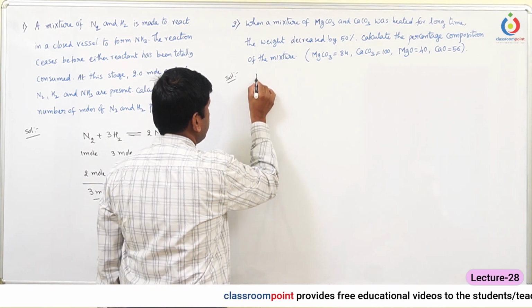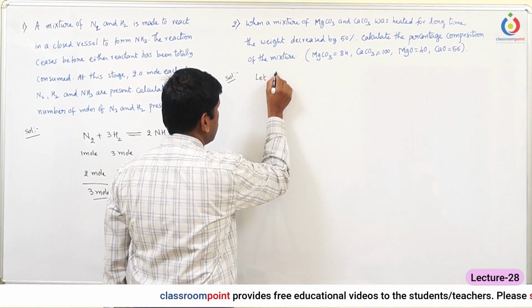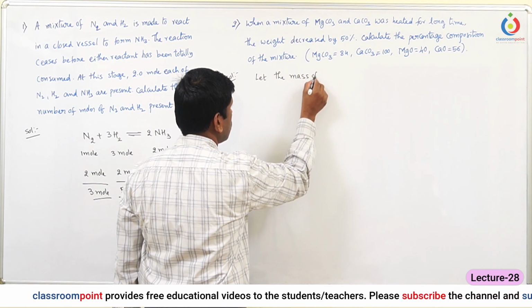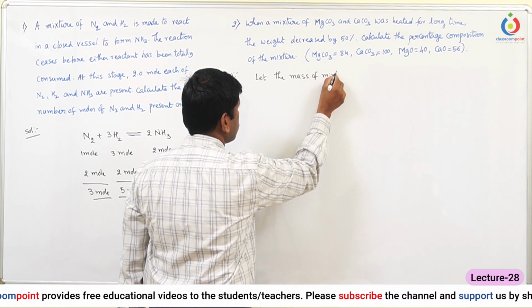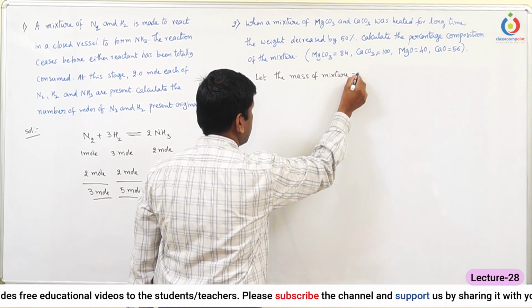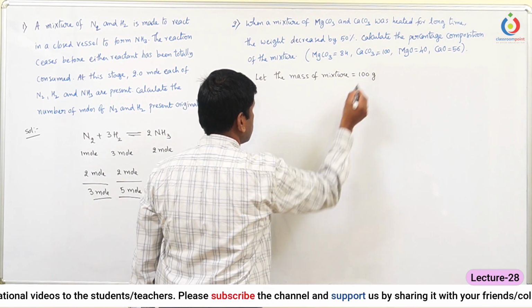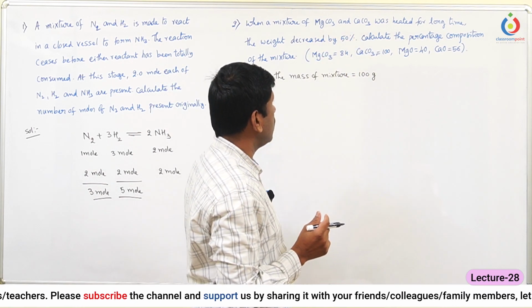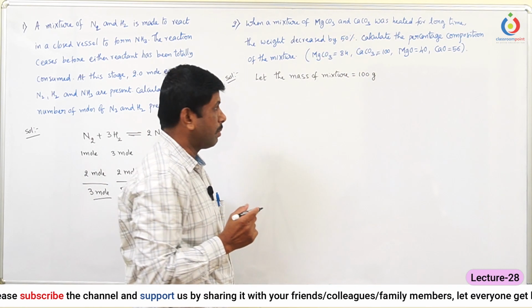So let us imagine the mass of the mixture of the reactants is equal to 100 grams. So in the reaction mixture, initially what reactants are present? Magnesium carbonate and calcium carbonate.